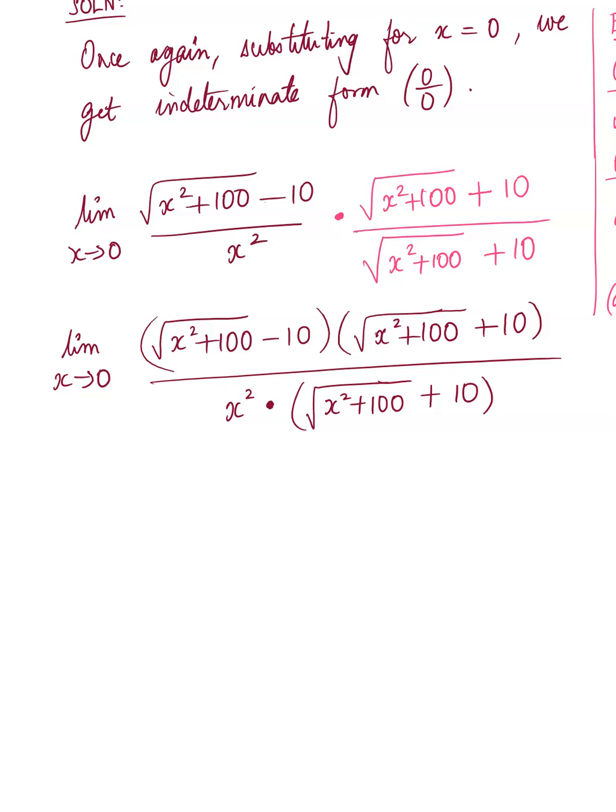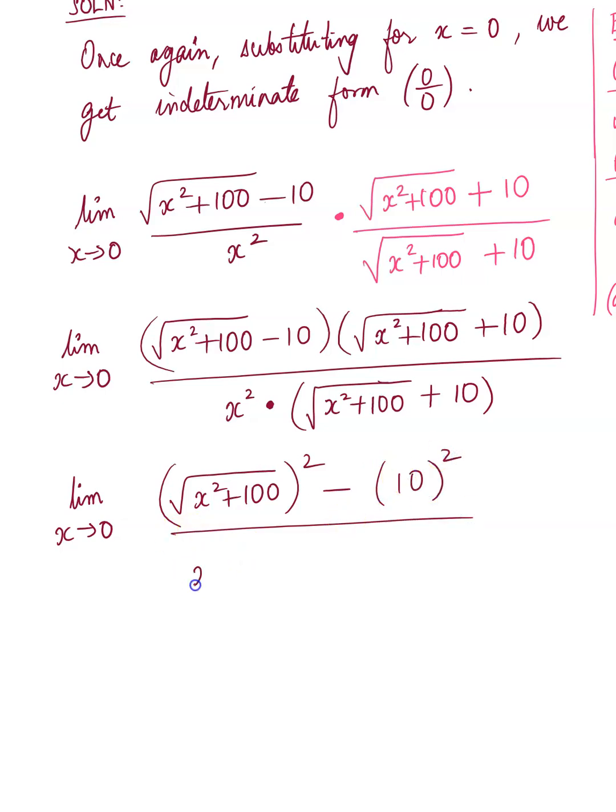You can FOIL it, but you know that it is like a minus b times a plus b, the difference of squares. So you really don't have to FOIL and make it larger. You simply use the difference of squares. That is a squared, the first term, minus b squared, the second term, which is 10, over x squared times.